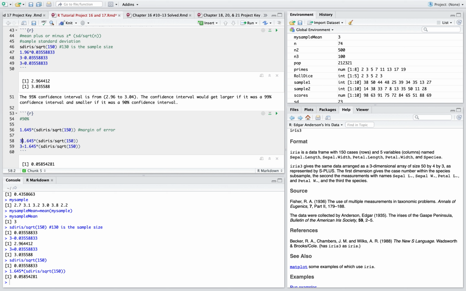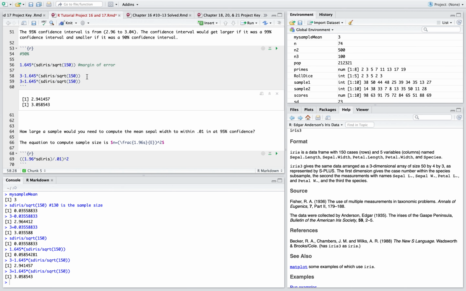And I like copy pasting code. It just makes life easier. Okay, so this is my lower bound. That was supposed to be a hashtag, octathorpe. That's what those symbols are called, octathorpes. This is my lower bound, and this is my upper bound.